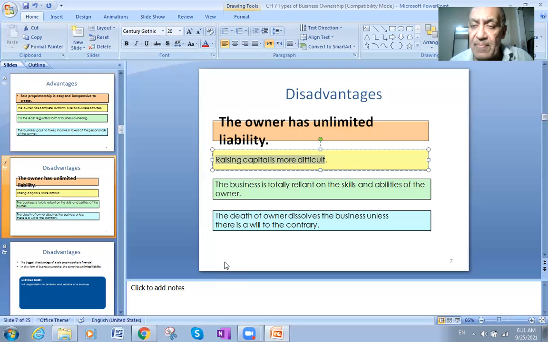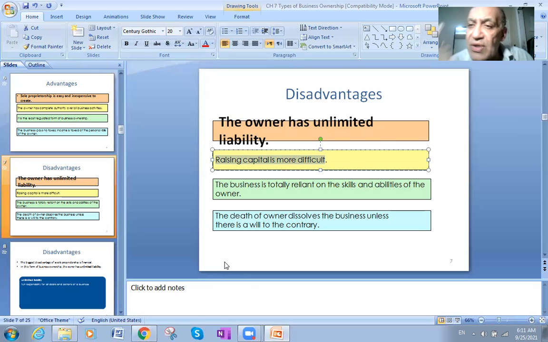But let me tell you something. This is an advantage, and at the same time, it's a disadvantage. It is a disadvantage if you want to expand your business, because you are a sole proprietor. If you go to banks to take a mortgage or to borrow money or to finance your business, how much will they give you?